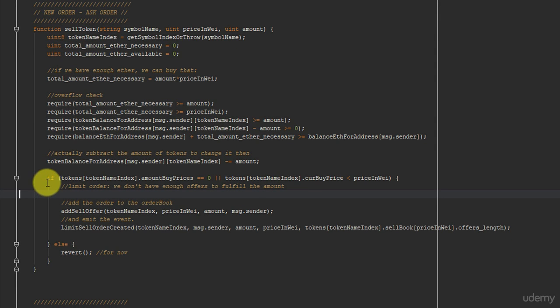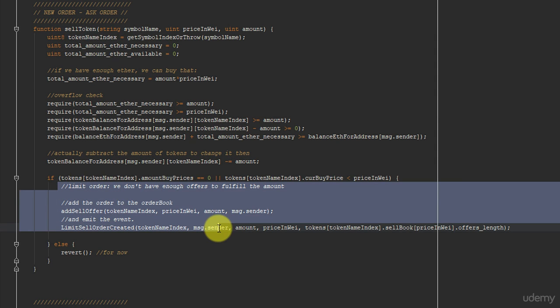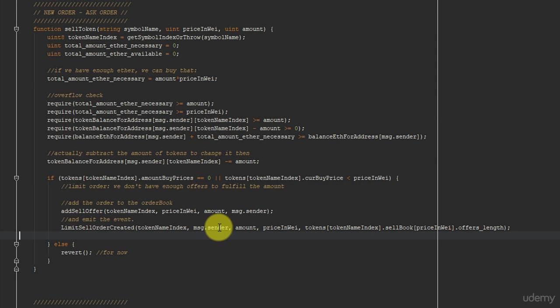Now we again have our if-else branch, and this is the first one. This actually creates the limit orders if there are no buy orders yet. So if there is nobody we can sell our tokens to, or if the current buy price is smaller than the price that we want for our tokens, then we have a limit order.